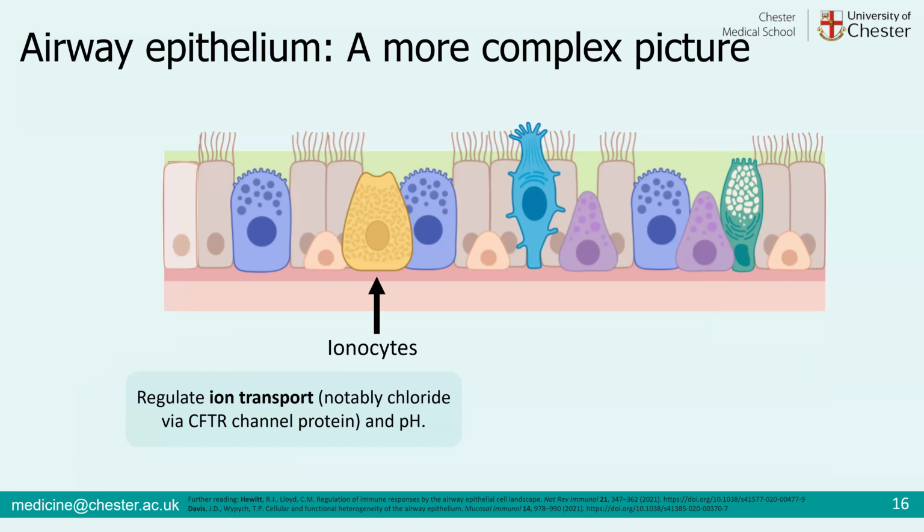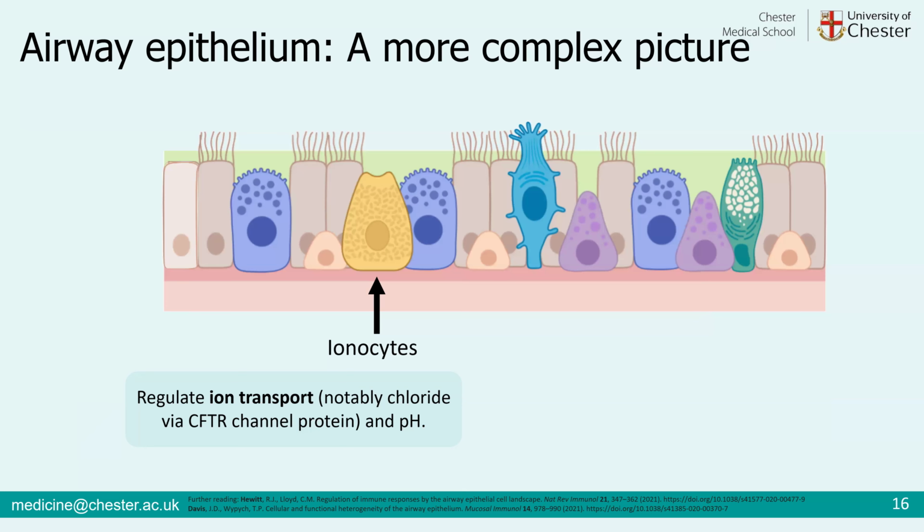They discovered something known as ionocytes, which regulate ion transport. Notably the CFTR channel protein, the cystic fibrosis transmembrane conductance regulator, I can never remember the full name, but it's basically the protein that is involved with transporting chloride ions into the lumen.